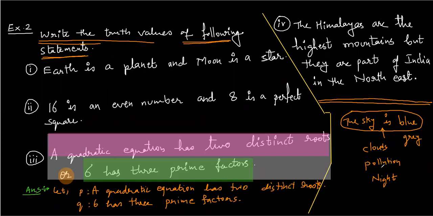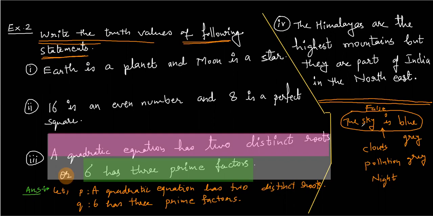If there is a lot of pollution, the sky can be gray or greenish. Sky is not always blue. If you see the sky in twilight, it appears reddish, sometimes orange. So if I say the sky is blue, it is a false statement.